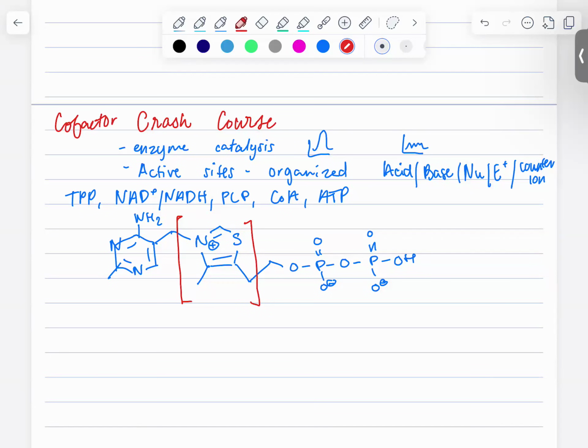And so this proton will get abstracted or deprotonated by one of those active site residues. One of the amino acids in the active site can serve as a base and deprotonate there. And we get this structure as a result.